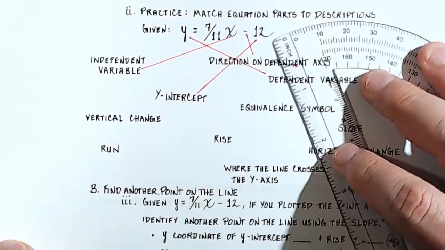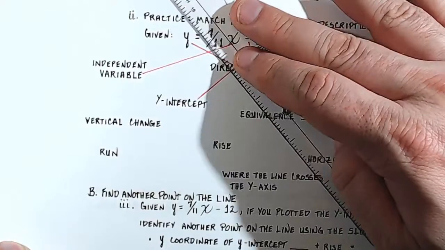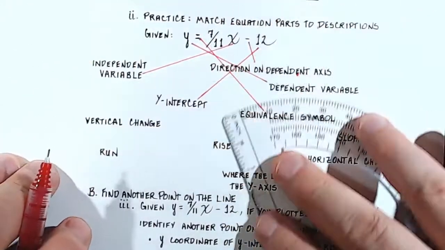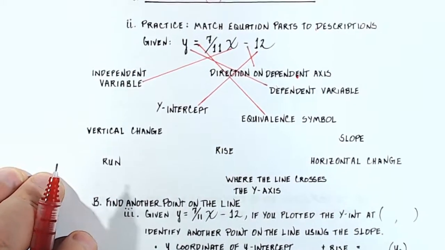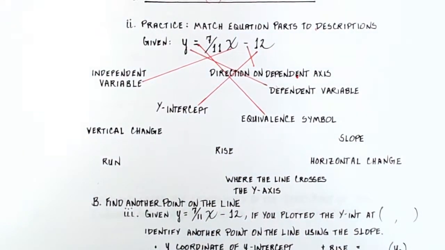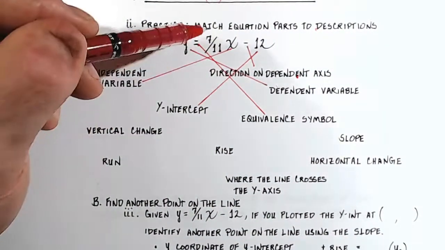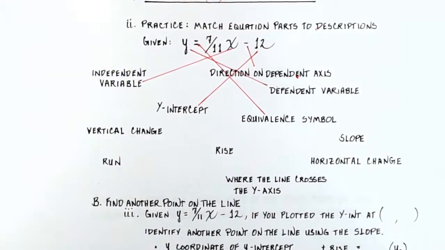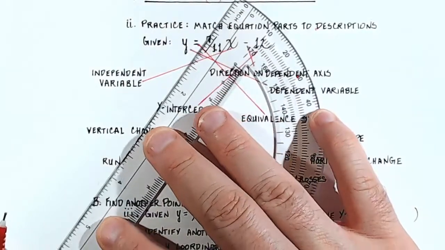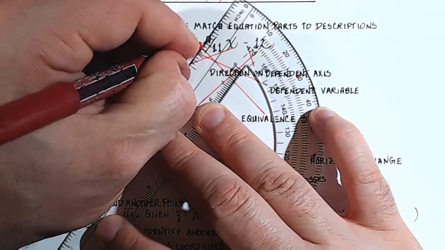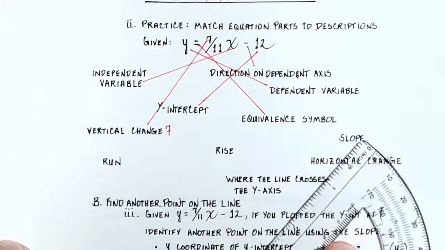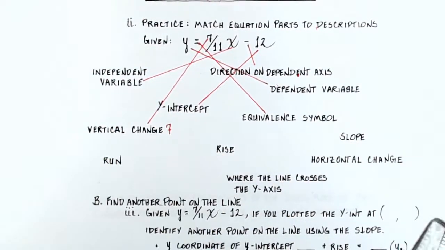The equivalent symbol, right here, that's the equal sign. Okay, so vertical change. What is the vertical change? Well, think about it. Rise over run. So rise 7, run 11. So the vertical change would be 7. The rise is also 7.